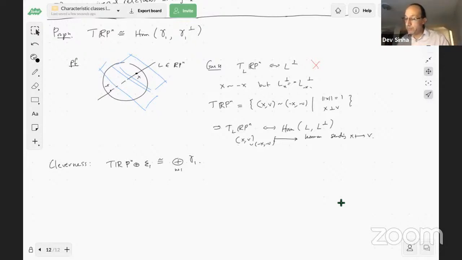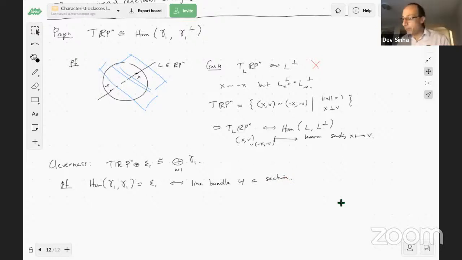Well, first note that Hom gamma 1 to itself is a trivial bundle because it's a line bundle with a section. I forget whether we talked about that or gave it as an exercise, but a line bundle with a section is trivial. I think we did, in fact, in sections.